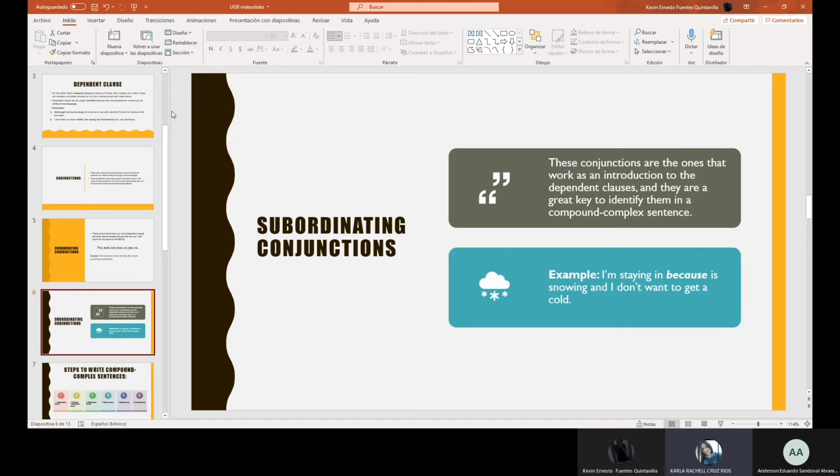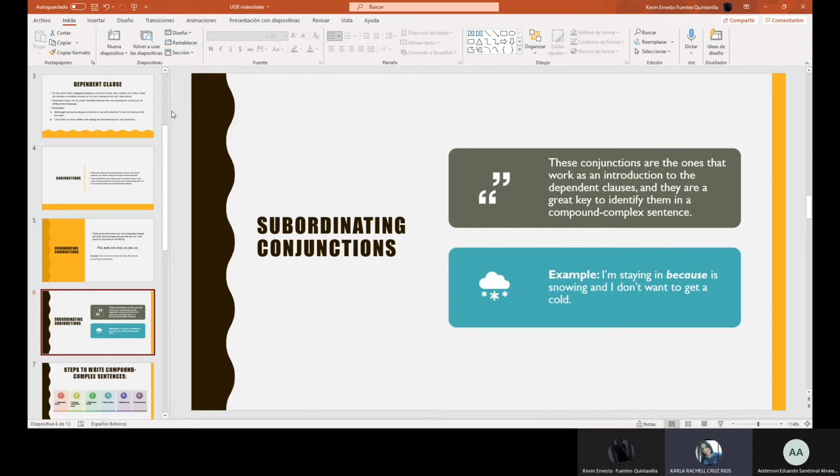Subordinating conjunctions help us to find where the dependent clause is, and we have an example. I'm staying in because it's snowing and I don't want to get a cold. In this example, we have the subordinating conjunction that is because, and after we have our dependent clause.